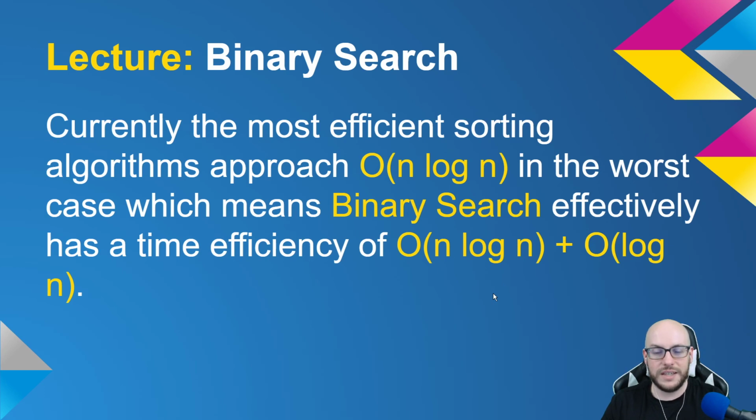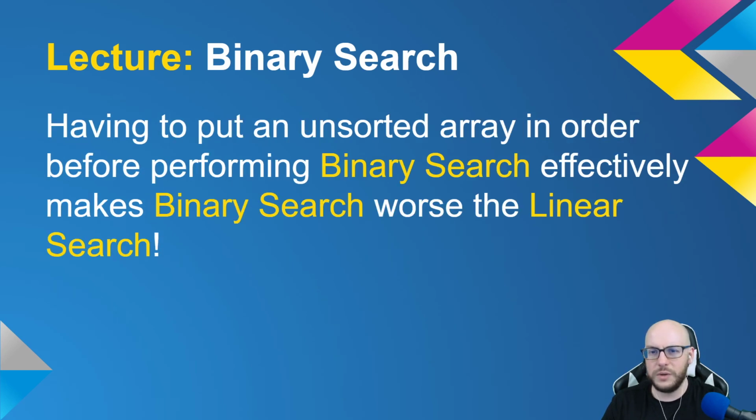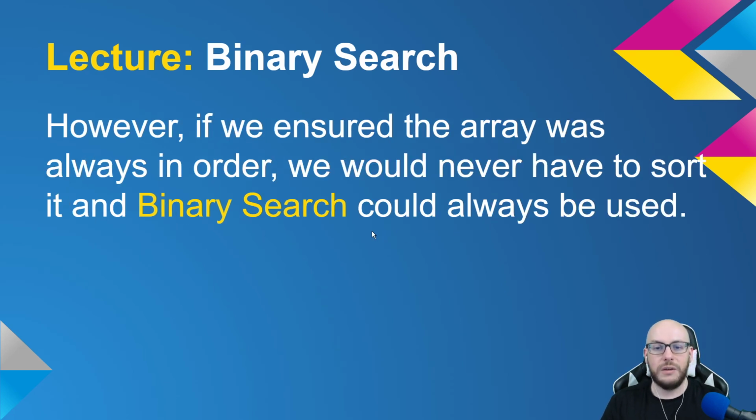Now, that being said, what we can do is just always keep our arrays sorted. Having to put an unsorted array in order before performing binary search would make it worse than linear search. So linear search still has its uses. That being said, if we just keep the array in order, that's not always a guarantee, but if you have this luxury of just always keeping your array in order, you could use binary search and it's super efficient.